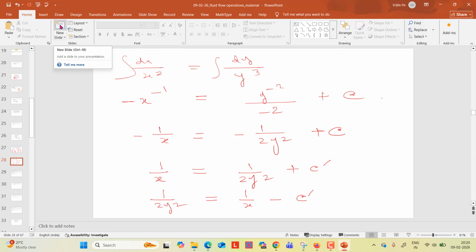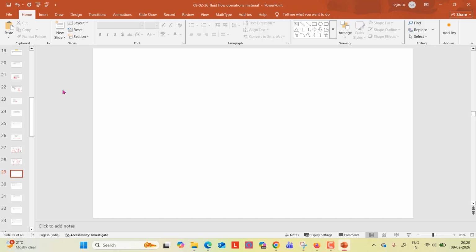So next comes 2y square. 2y square equals 1 by x minus c prime.